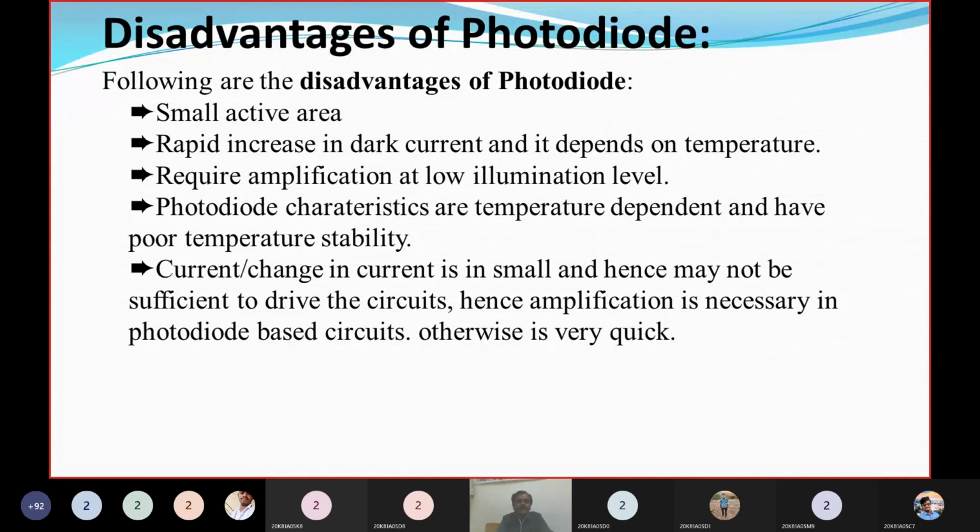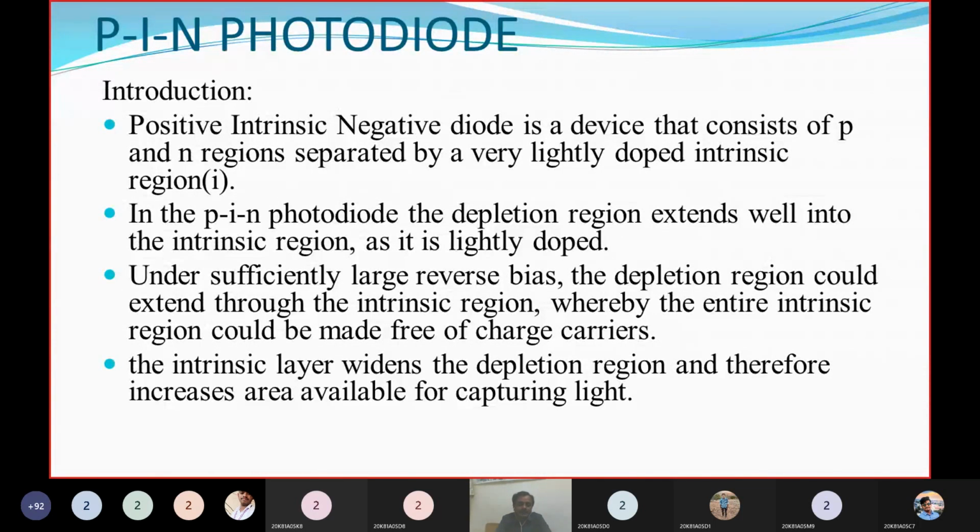Now coming to the PIN photodiode. There are some disadvantages in the PN junction photodiode, and to overcome them the PIN photodiode is made. What is the PIN?